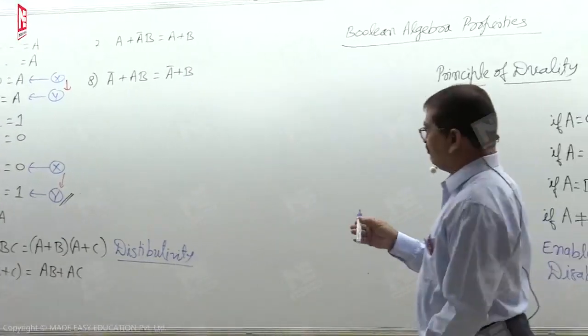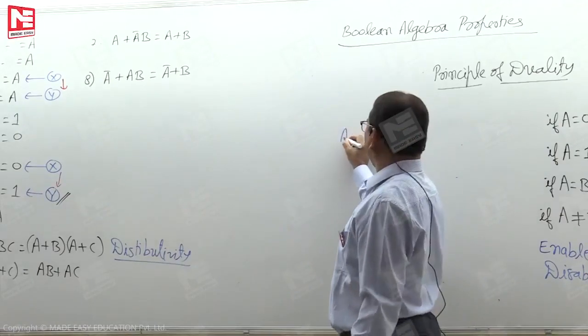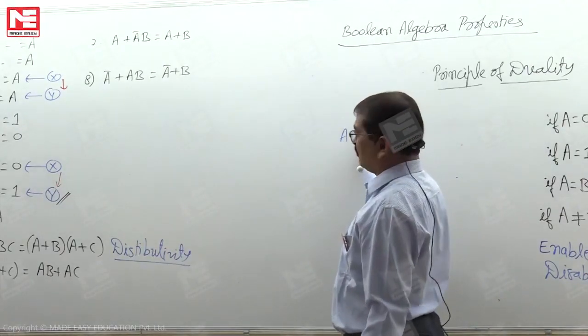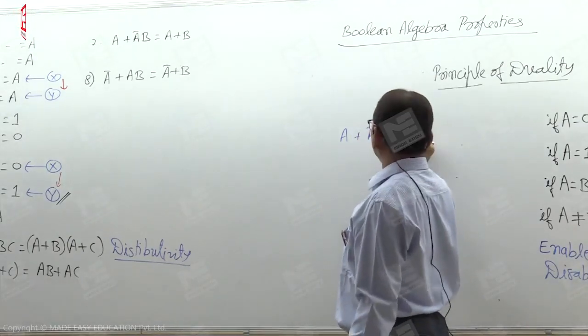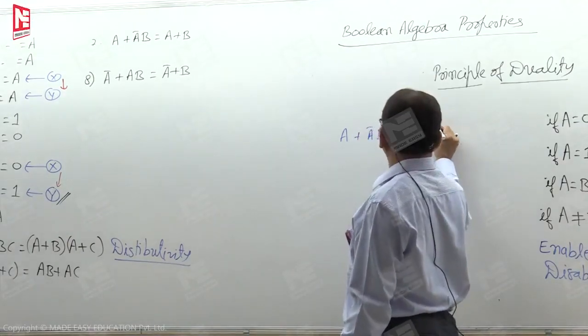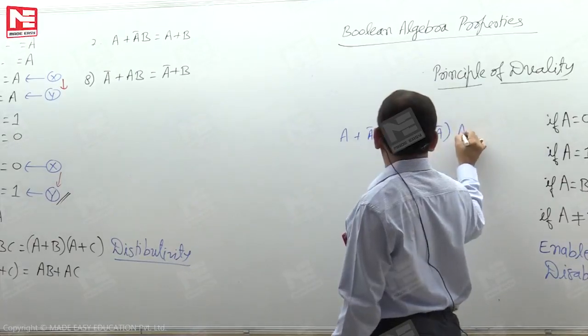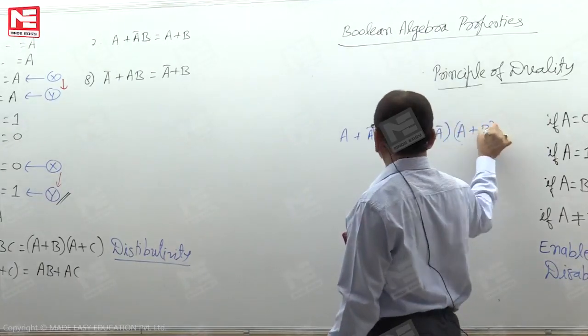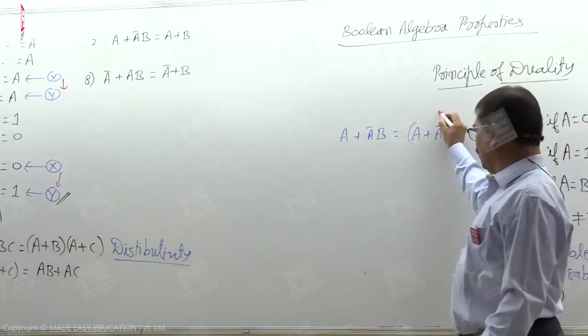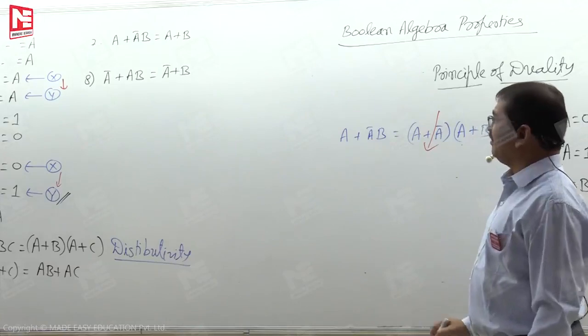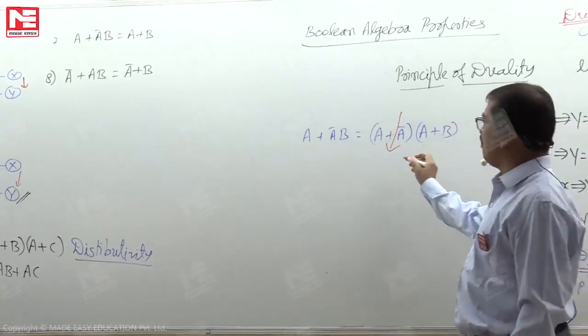If you try well, take the seventh one, A or with A complement B. By using distributivity, it is possible to read this as A or A complement, and with A or B. From the fourth property, we know A or A complement is 1.